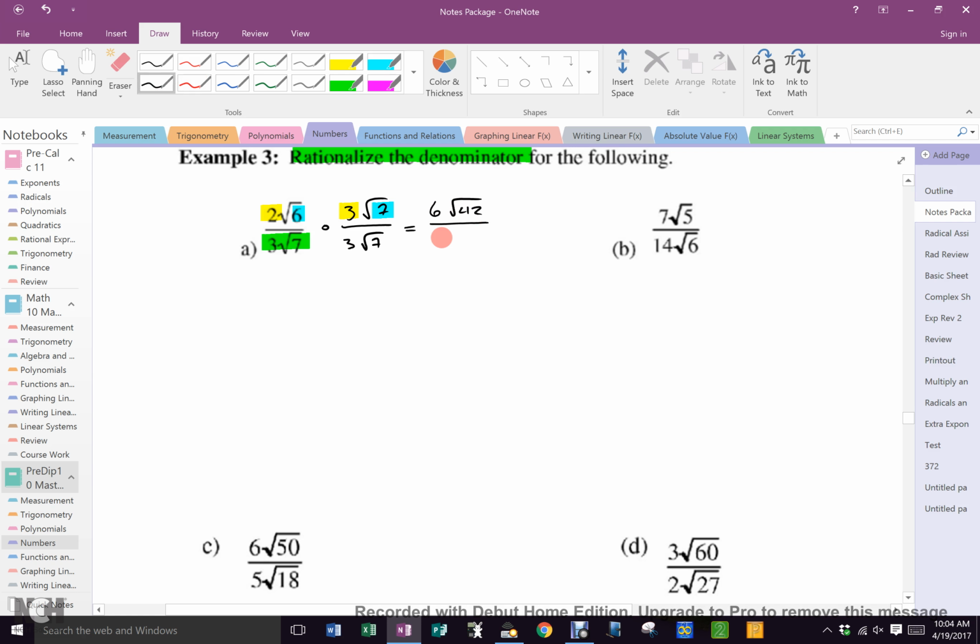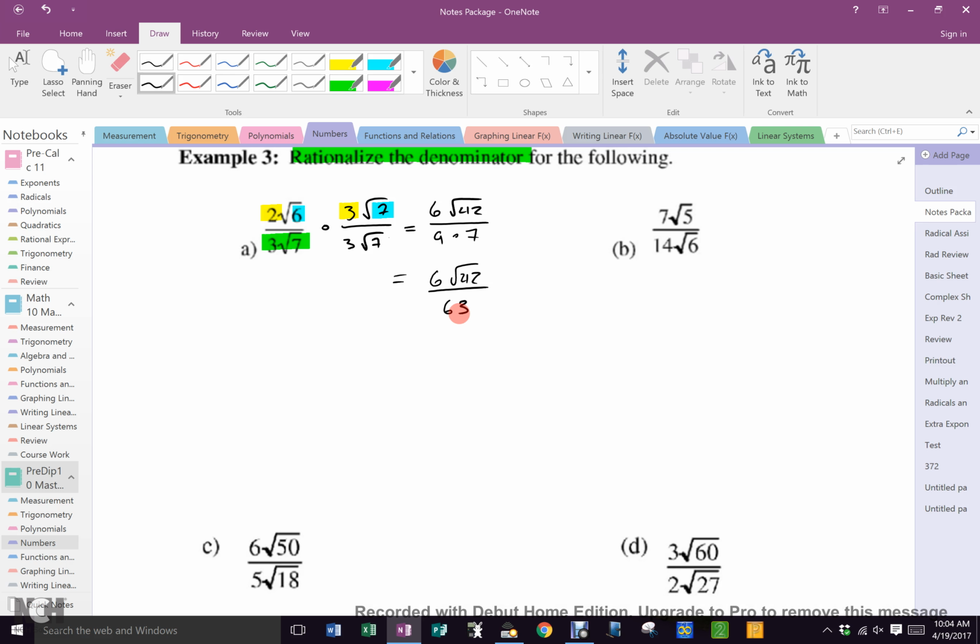Do I have a radical in the denominator? No, so that's okay. Can I simplify anywhere? 42 is 2 times 3 times 7. Any pairs? Nope. So am I done? Yeah.